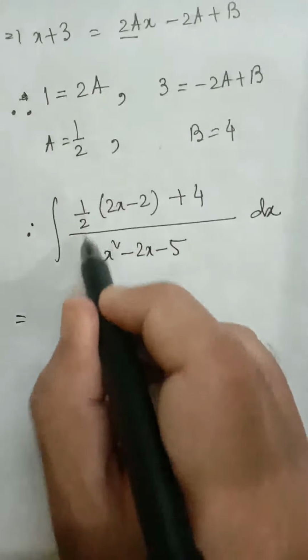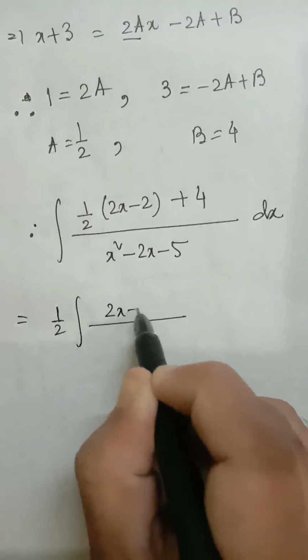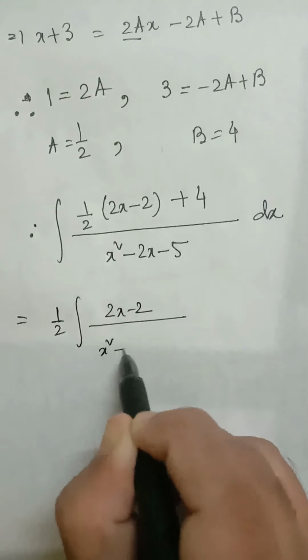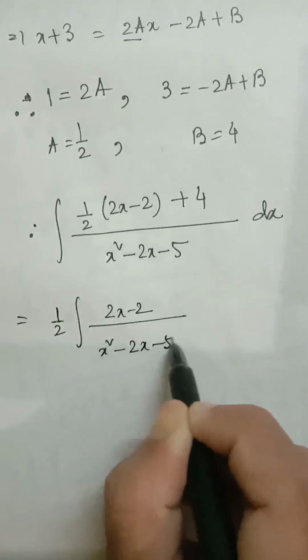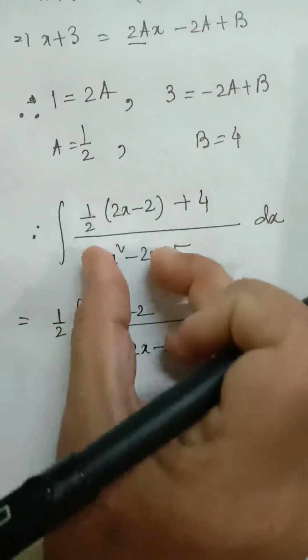You can see half times (2x − 2) divided by (x² − 2x − 5), this by this.